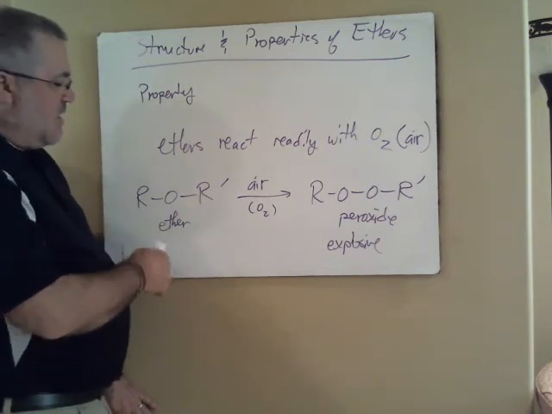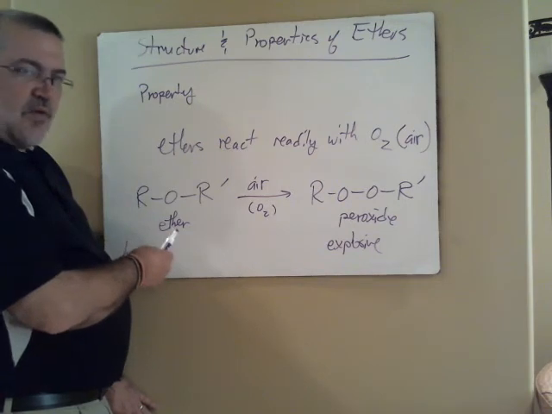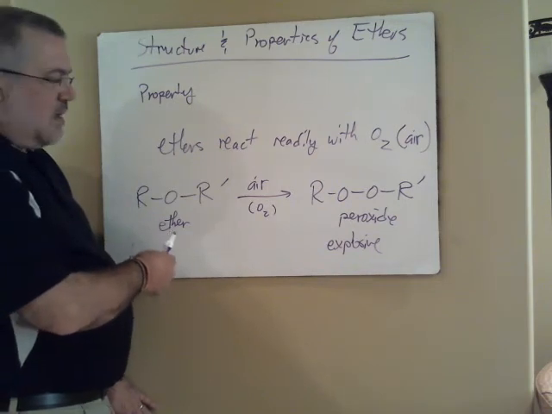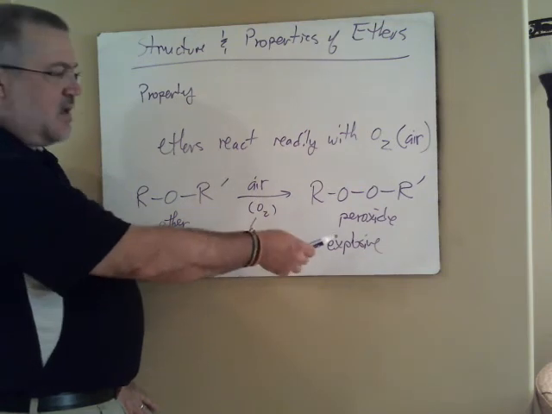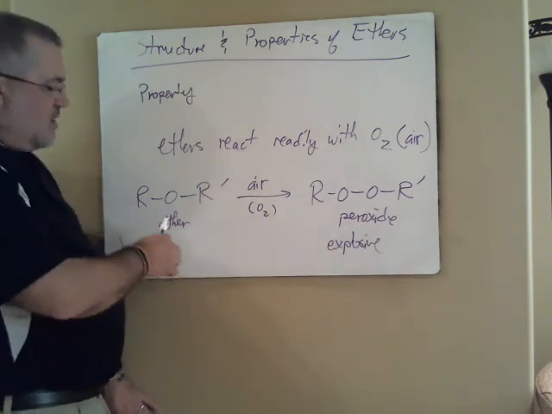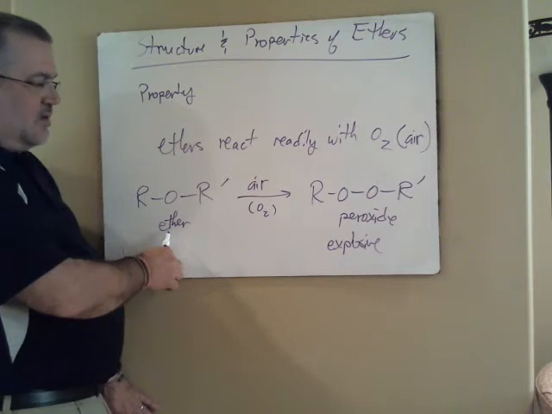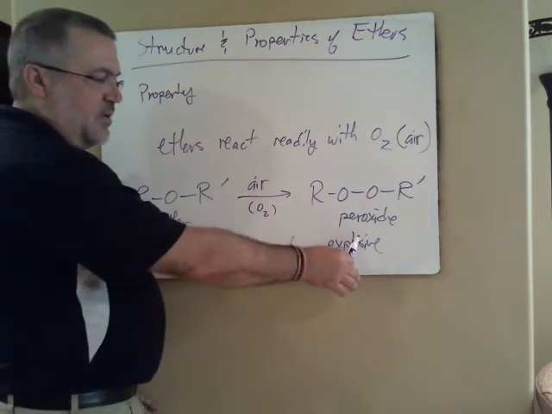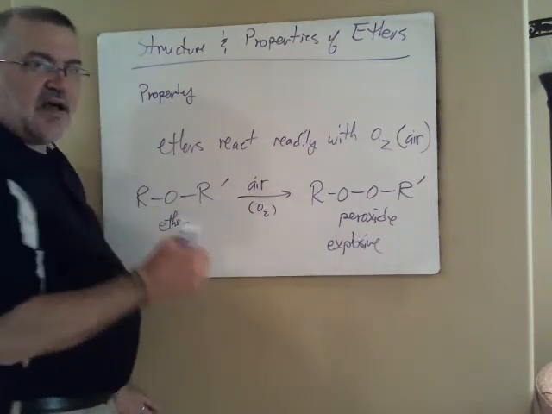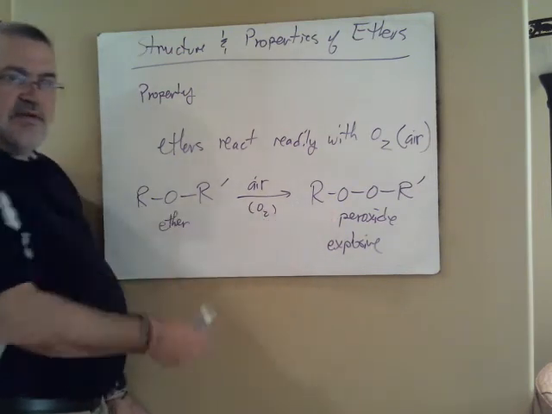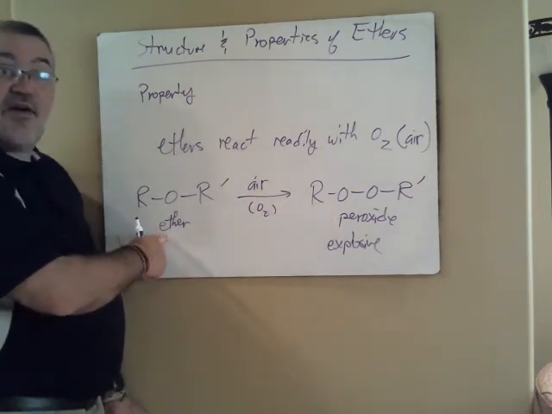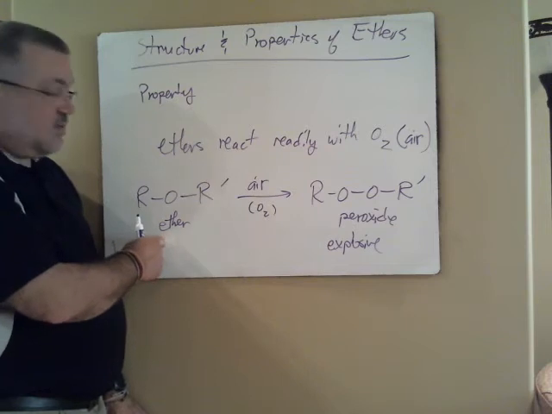okay? And that ether, if not stored properly, over time can air oxidize and become a peroxide. So then your bottle of ether will slowly build up a concentration of peroxide. So then you have an explosive molecule sitting within a bottle of very flammable material.